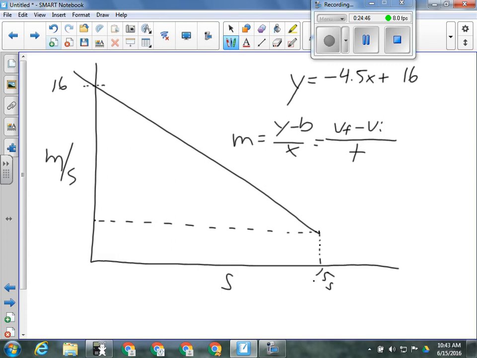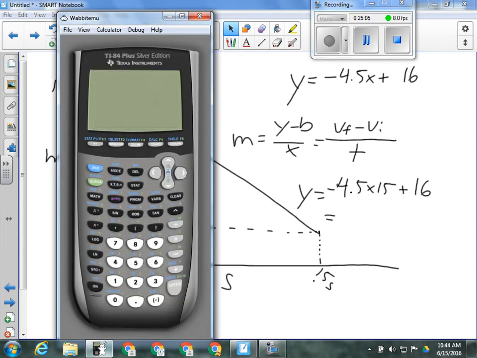Right. So if I use y equals mx plus b, can I solve for what y is at time 15 seconds? So y equals negative 4.5 times 15, my x value, plus 16. It might end up that that's a negative number just because I picked numbers out of my head, but oh yeah, it's definitely going to be a negative number.